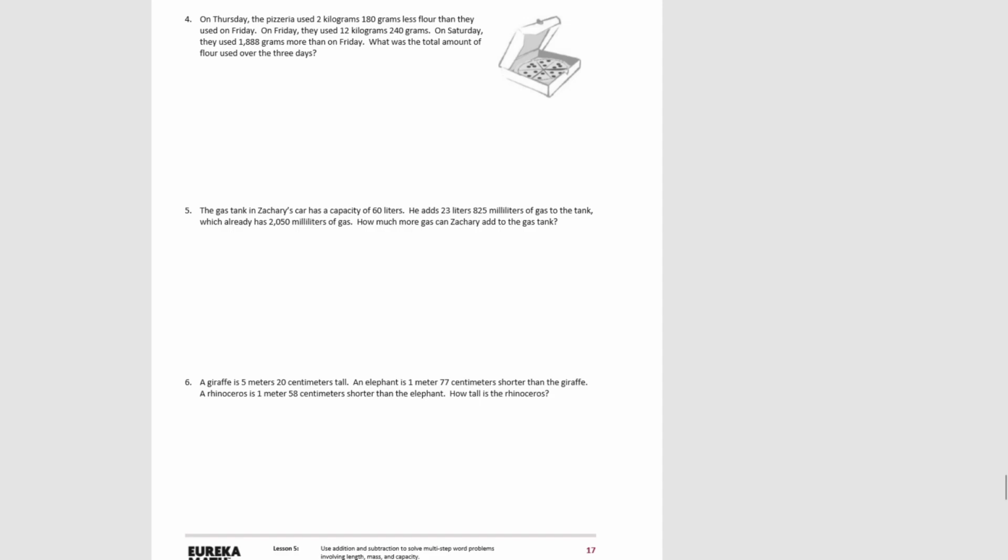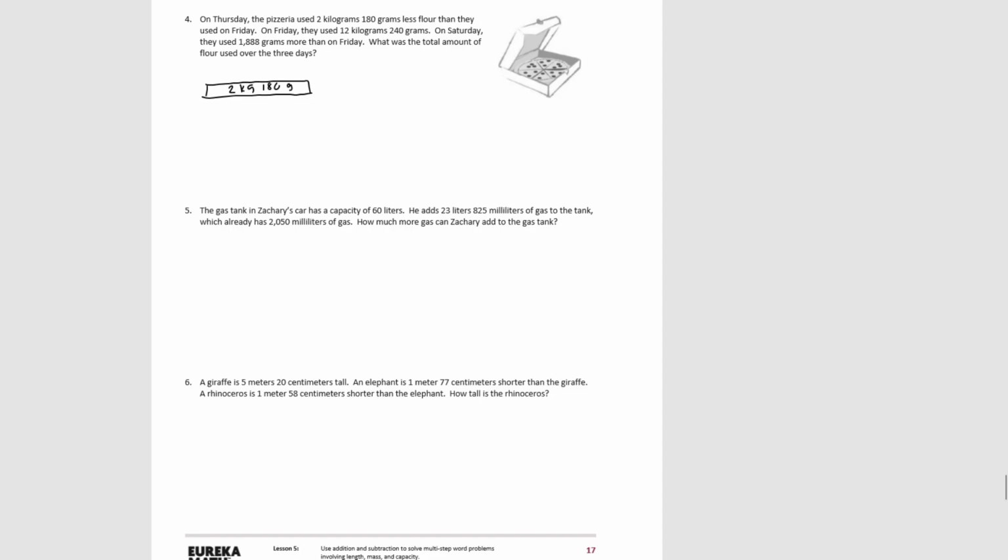All right, so we know on Thursday, the pizzeria used 2 kilograms and 800 grams less flour than they did on Friday.